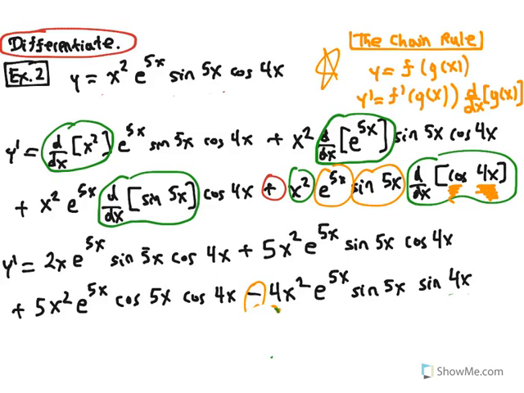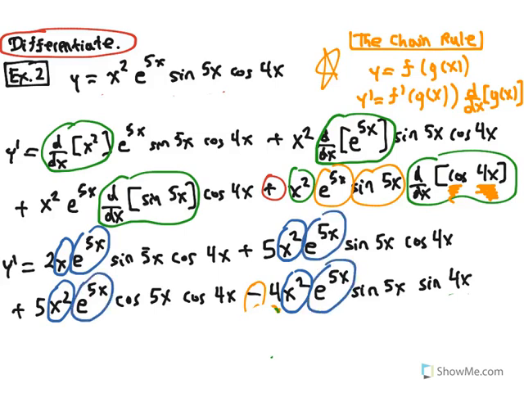I have differentiated. So if you wanted to, the next step would be to try to simplify by looking for any common factors that you can factor out from each of those terms. And one thing that you'll notice is that all 4 terms have a common factor of x. So you have an x here, you have x squared, so you have 2 factors of x. You will also notice that all 4 terms have a common factor of e to the 5x.